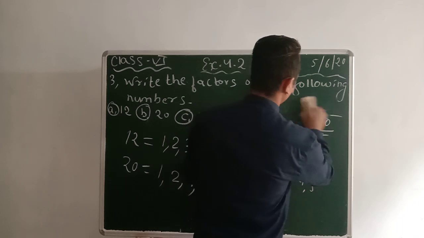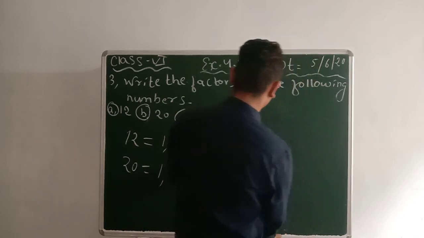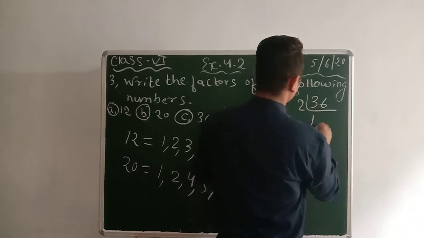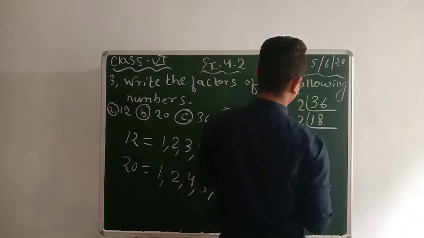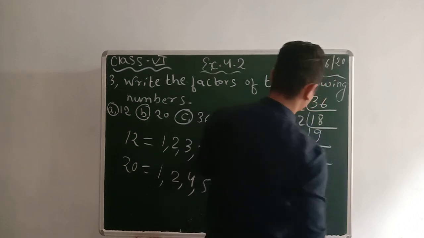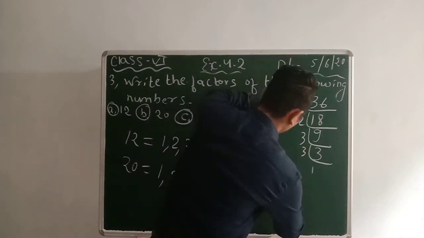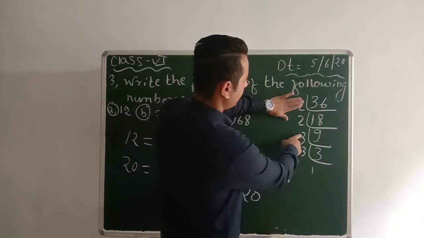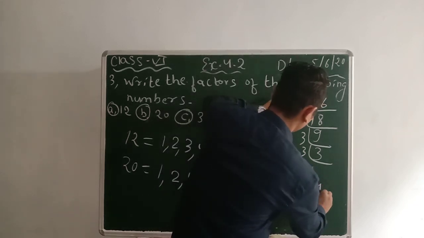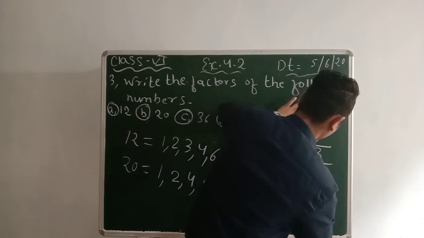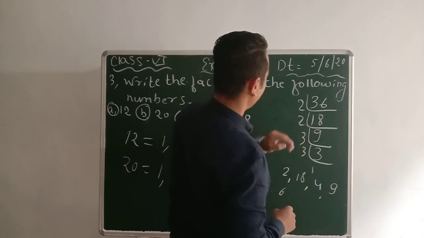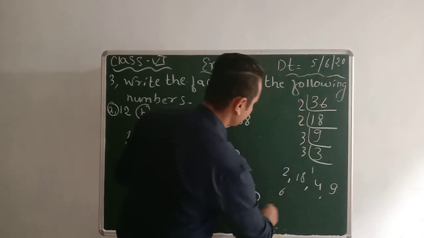Now 36. 2 18s are 36, 2 9s are 18, 3 3s are 9, 3 1s are 3. Okay, if you take out 2, then remaining will be 18. If you take out 2 2s, that means 4, remaining will be 9. If you take out 6, remaining will be 6 only, so no need to write. Then at last 18 is also done, then 1.